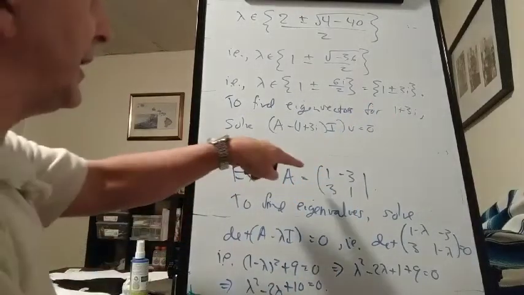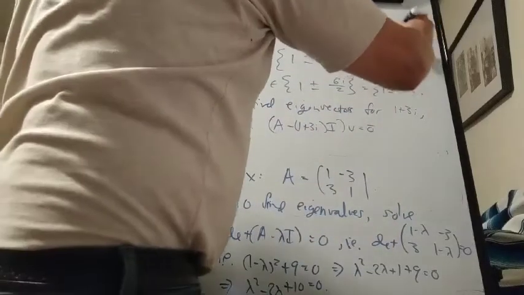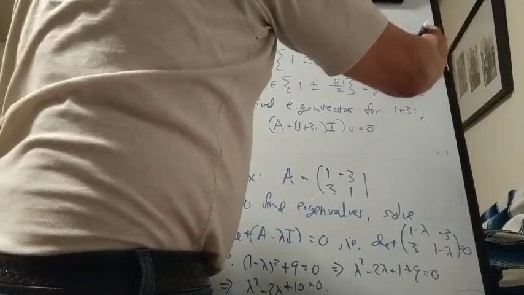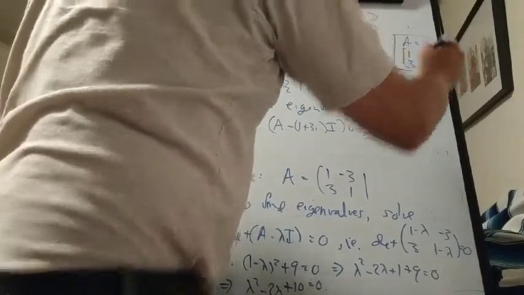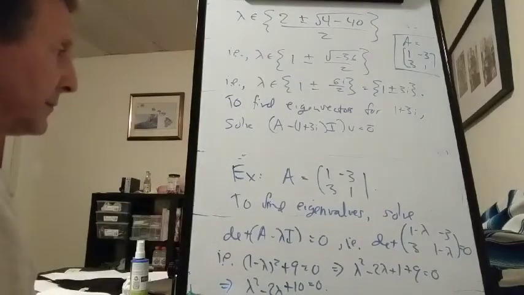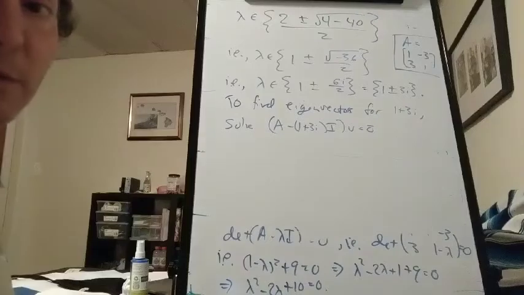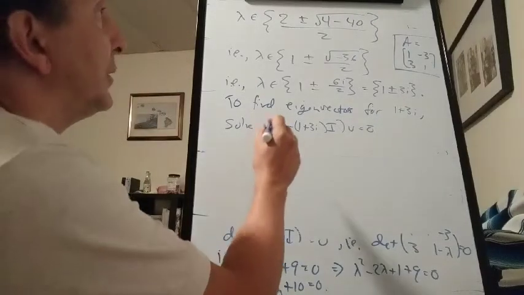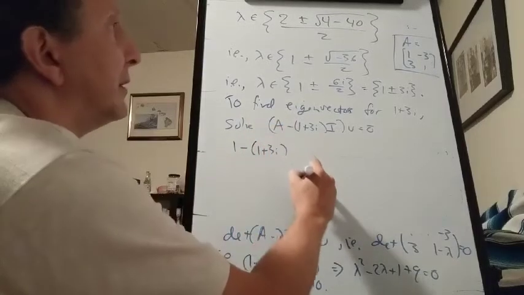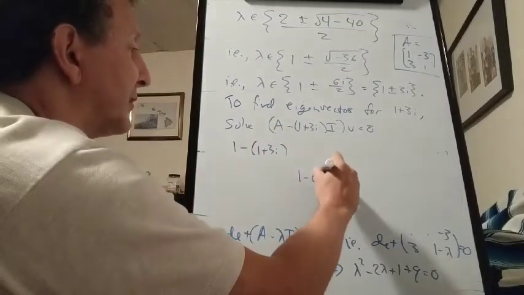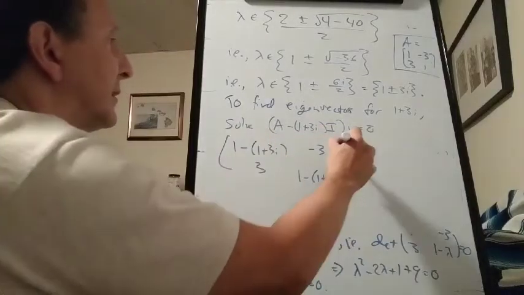So what does that look like? Our matrix is 1, -3, 3, 1. So if we subtract 1 plus 3i from the diagonal entries, we get 1 minus (1 plus 3i), -3, 3, 1 minus (1 plus 3i).